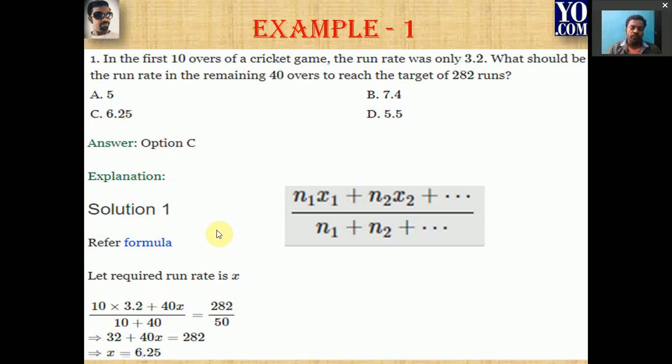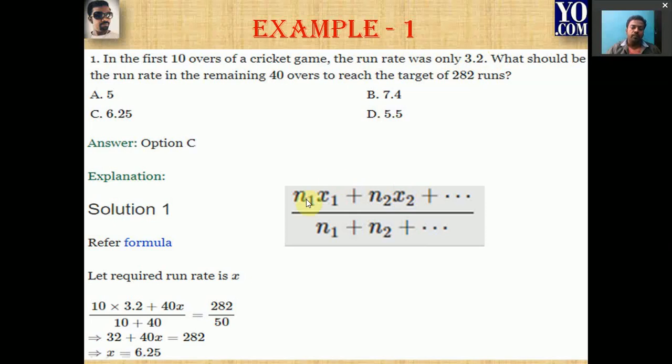So we are going to see the solution. Here we consider the formula, the average of numbers with weights. n1, n2 are the numbers, x1, x2 are the weights of the numbers. Here x1 is 3.2, that is the run rate, and x2 we are going to calculate.